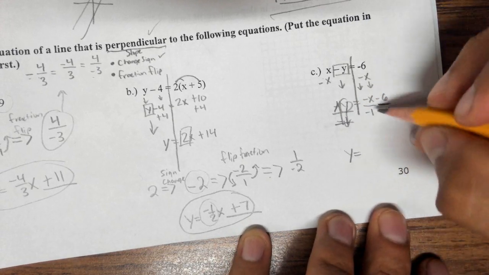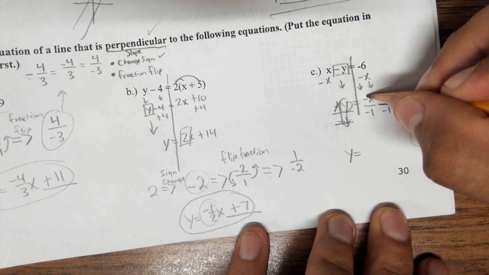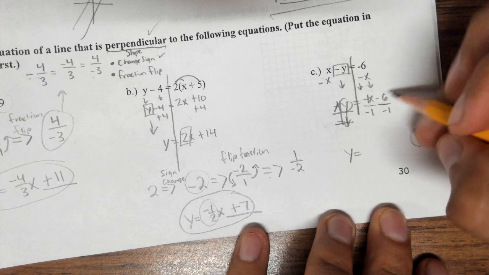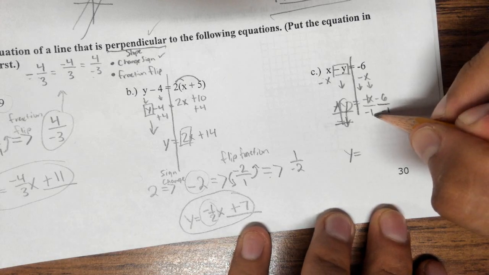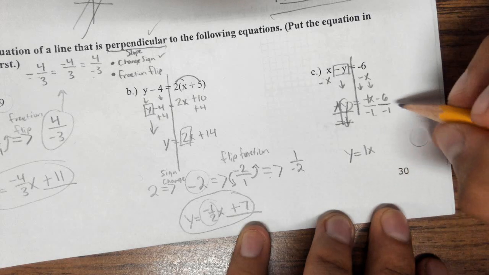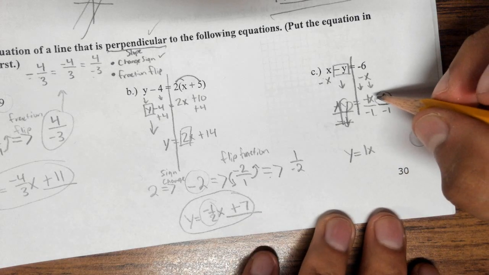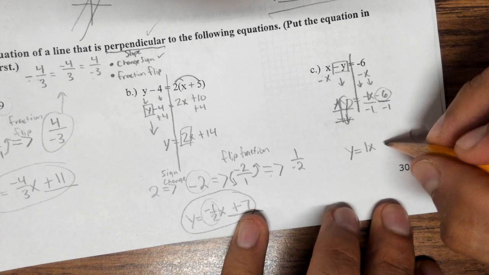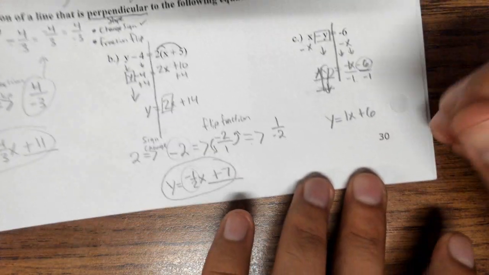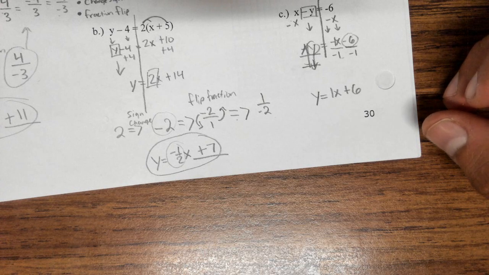We have y equal to negative x divided by negative 1. Technically, just like before, that's a negative 1. Negative 1 divided by negative 1 gives me positive 1. So I'm going to have just 1x. And then this right here, the sign sticks to it, so make sure that you're doing negative 6. Negative 6 divided by negative 1 gives me positive 6. So there's my equation. Y equals 1x plus 6.